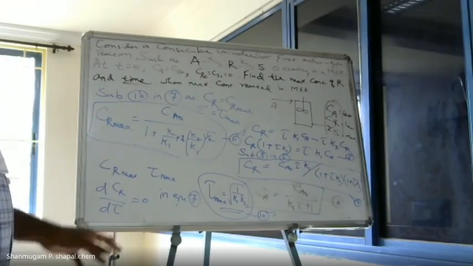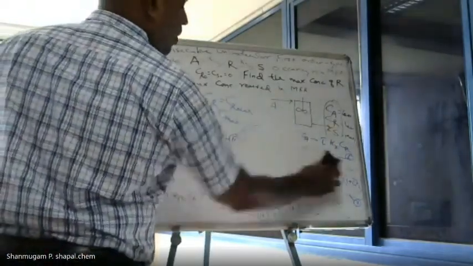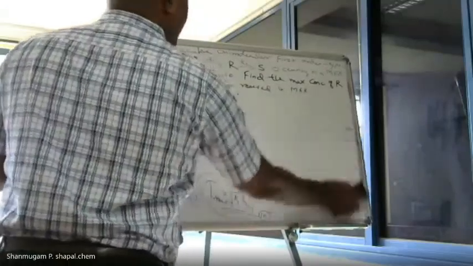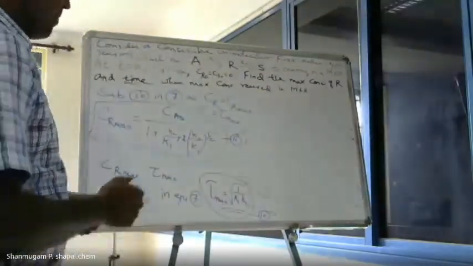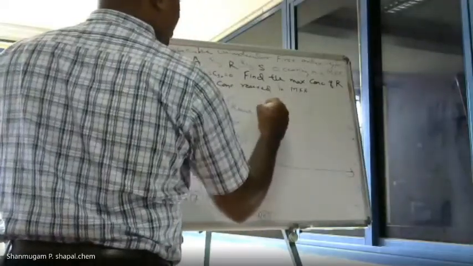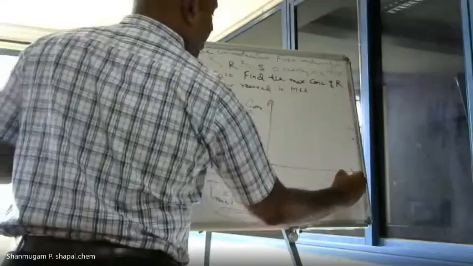So to make it very clear here, if you draw the graph, you will easily identify that. So the concentration and the tau.